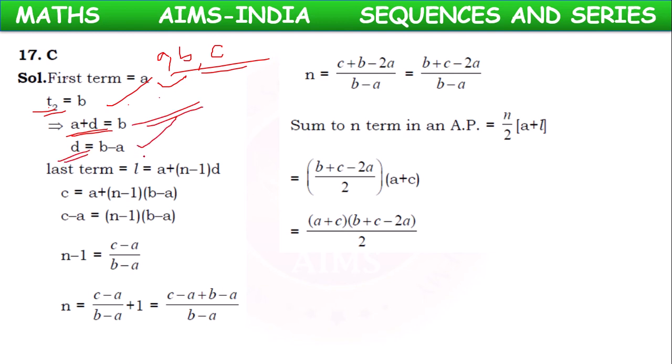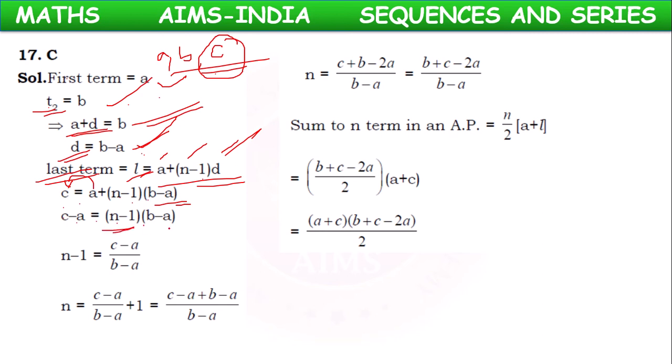where d equal to b minus a, and the last term formula we have a plus n minus 1 into d, but as per the data, the last term value is c, so c equal to a plus n minus 1 into, in the place of d we can keep b minus a. This a will go towards the left hand side, c minus a equal to n minus 1 into b minus a.